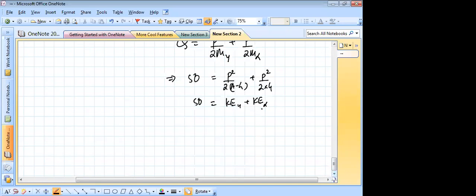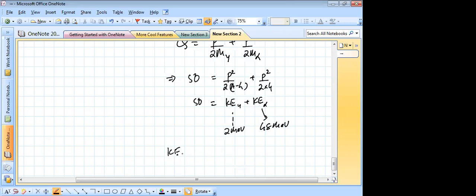So this is 48. This is given as 48, right? Alpha particle. So if this is 48 MeV, that means this is 2 MeV. Yes.